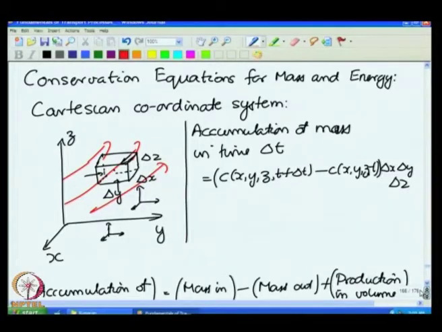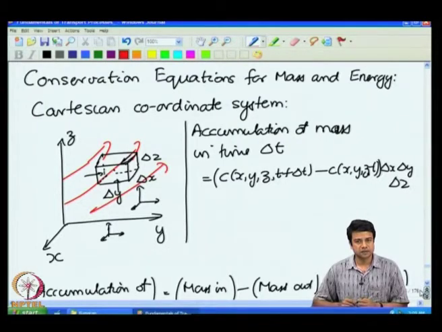In this particular cubic volume, the bottom and top surfaces are at constant values of z, the left and right surfaces are at constant values of y, the front and the back surfaces are at constant values of x. And we write a conservation equation which basically states that the change in mass within a time delta t is equal to what comes in minus what goes out plus any production of mass due to a reaction within this differential volume.